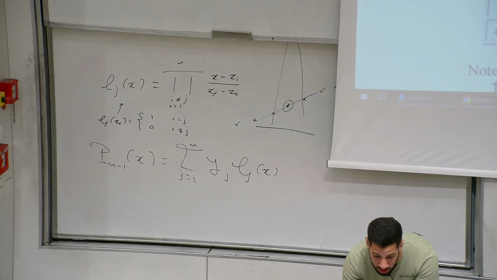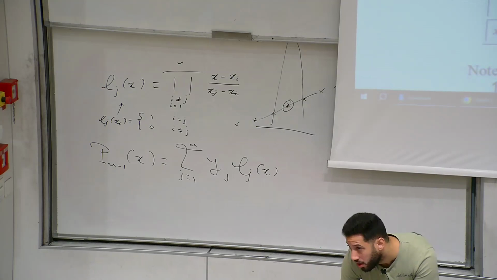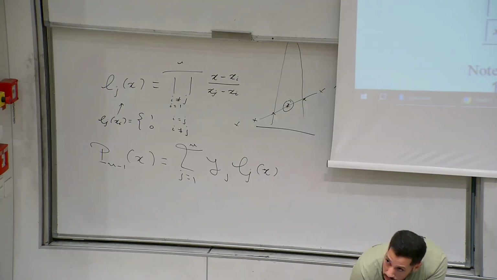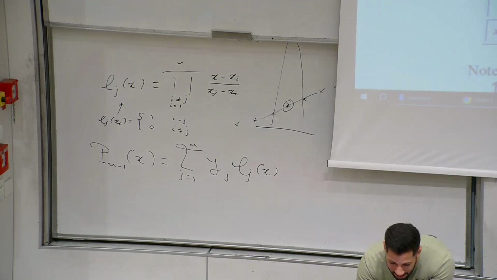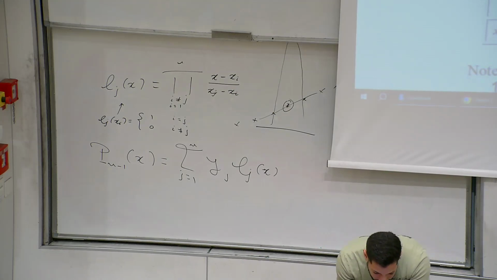Yes, because this point is outside the domain of x2 until x5. So although it's an extrapolation, it's somehow close to the answer that we would get from the interpolation. Okay, because the extrapolation also begins from a near point to the point we are asking about.